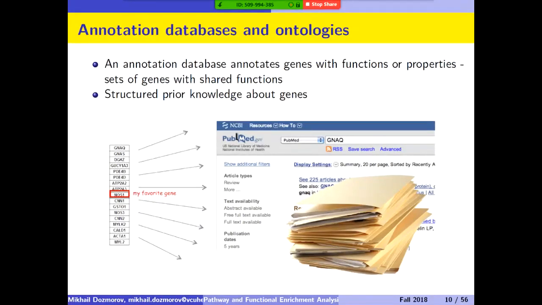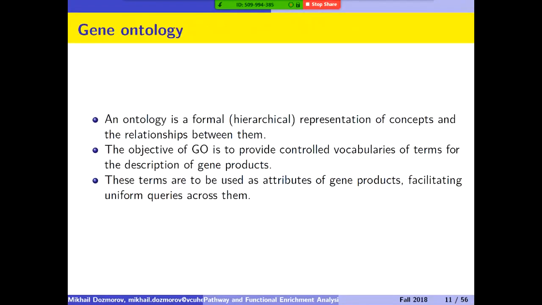So for that purpose, we have annotation databases and ontologies, and gene ontology is probably the most popular database that organizes information about gene function in a nice hierarchical structure. So that's what I have on the slide. An ontology is a formal hierarchical representation of concepts and relationships between them, and we will see how it looks.